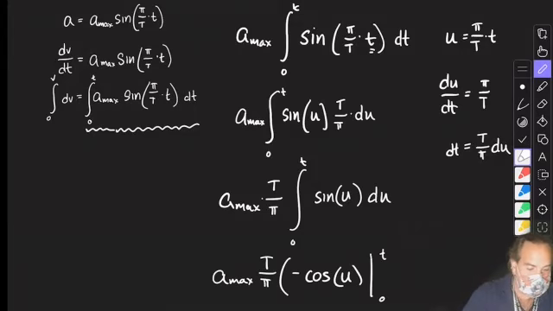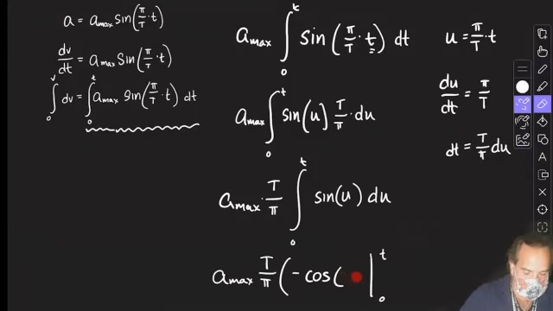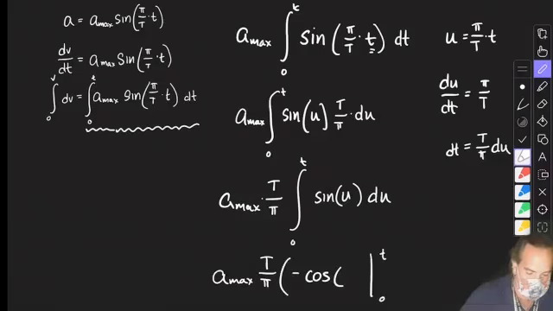So I have to, in the end, put back in what I substituted away, because my limits were based on t, and so was my function. Now, I'd say we're almost done, but we still have to put the limits in.